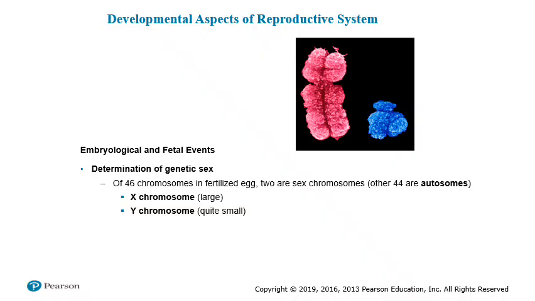So, out of the 46 chromosomes that we have in our body, 2 of them are sex chromosomes, the X and the Y. If a person has both X and Y chromosomes as their sex chromosomes, then the person is a male because of the presence of the Y. If the person has two X chromosomes, which is this large chromosome right here, then the person is a female.